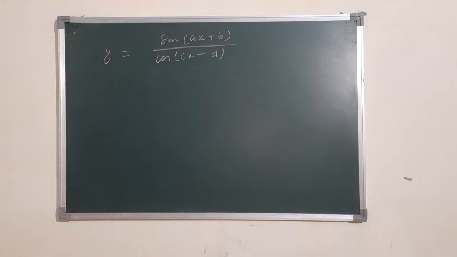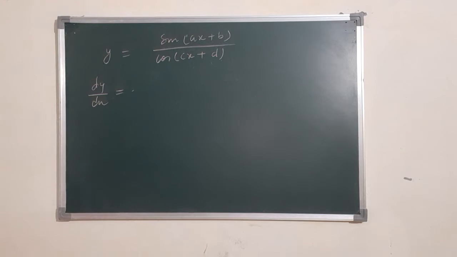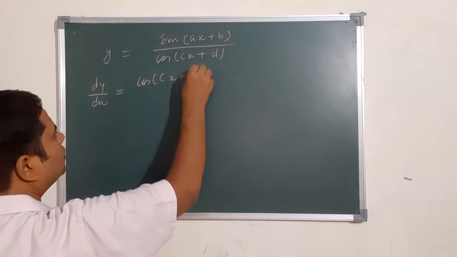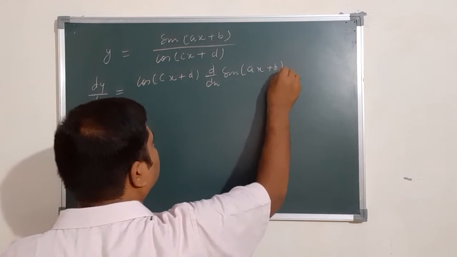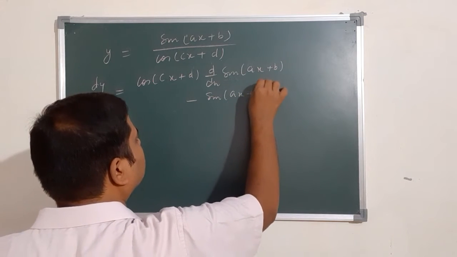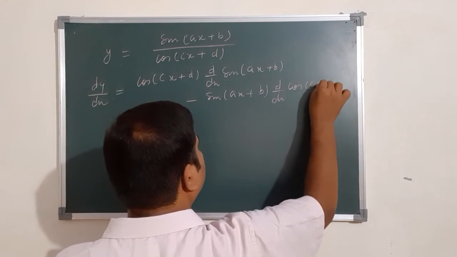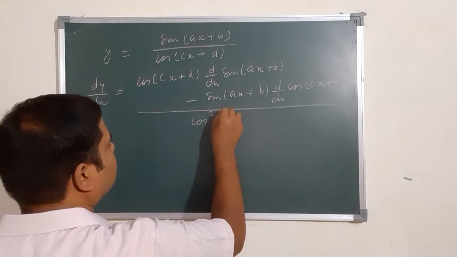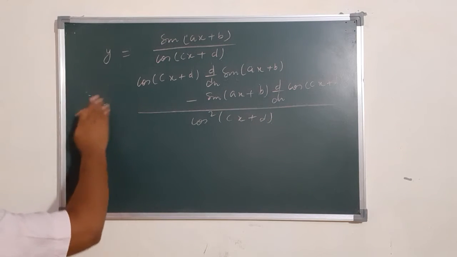Okay, so dy by dx is nothing but we have to use chain rule: denominator d by dx of numerator, minus numerator d by dx of denominator, and whole divided by cos square cx plus d. So this is the value of dy by dx.